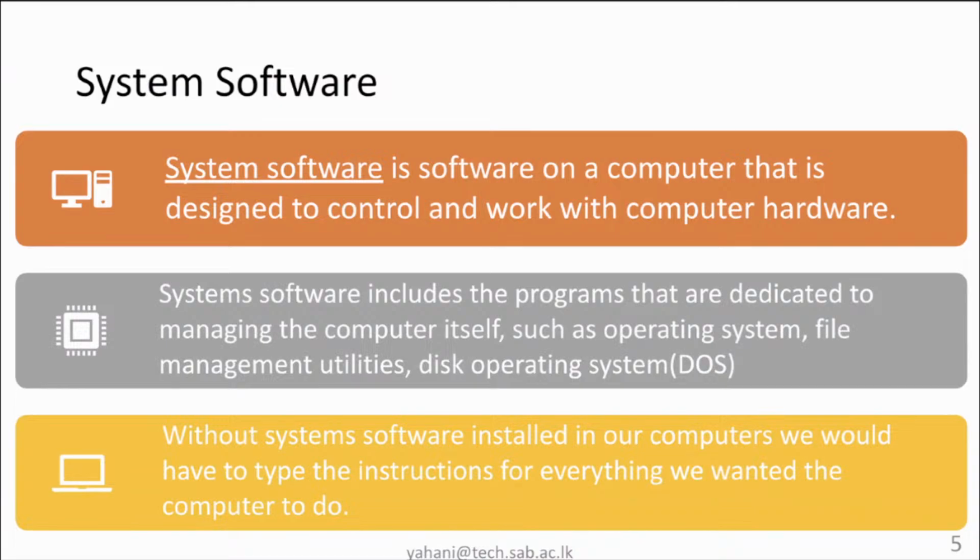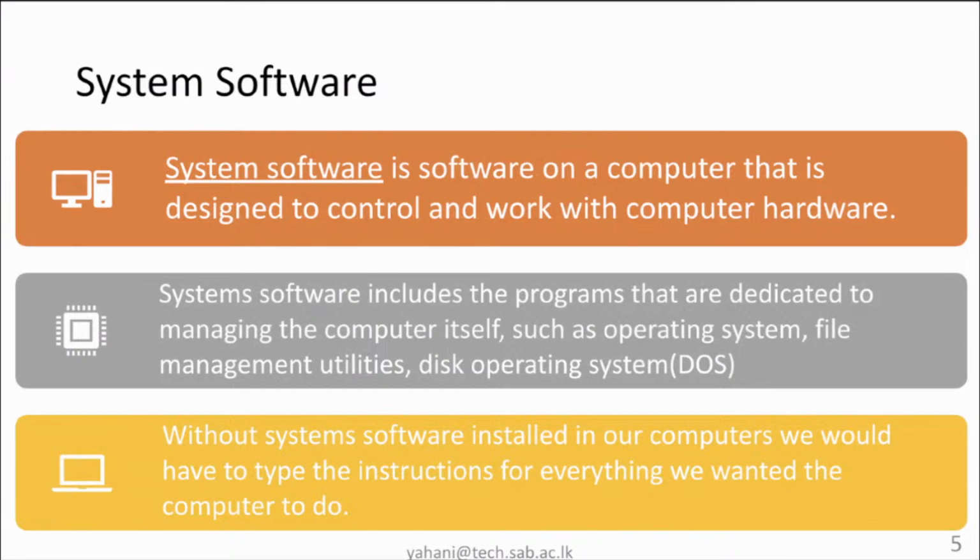Without system software, we cannot use our hardware components. System software includes the programs dedicated to managing the computer itself, such as the operating system, file management utilities, and disk operating system. That means if you have an operating system with system softwares, we can control hardware like the mouse, keyboard, and hard disk.